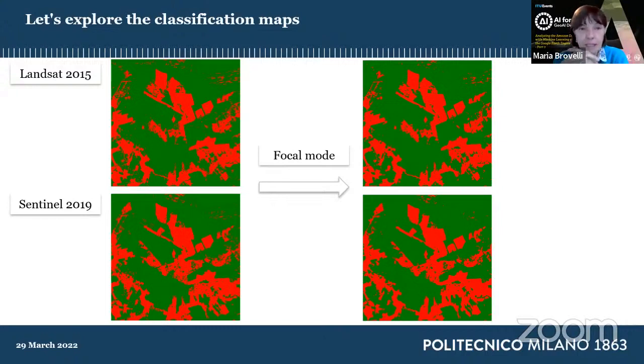Specifically in the case that we will show you, we decided to consider a radius of 2 pixels for this circle, and as operator the mode. So the value that appears most frequently in this window is the value that is selected for the pixel in the center of the window itself.